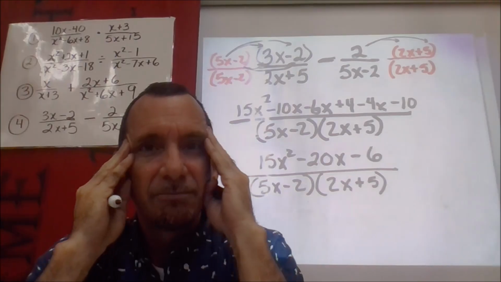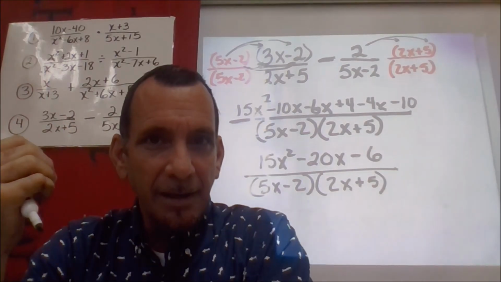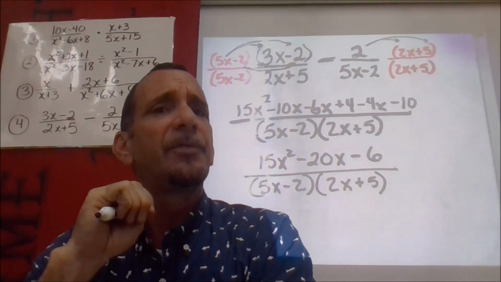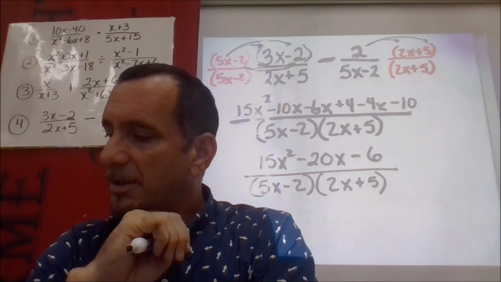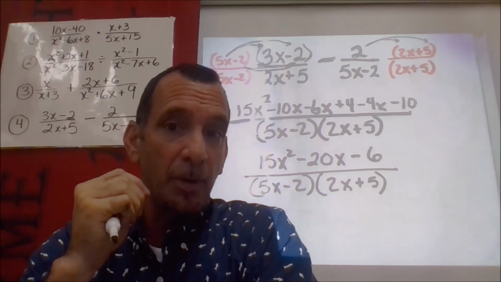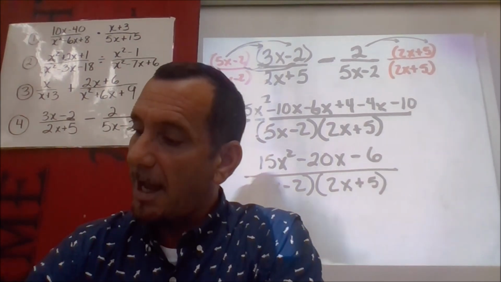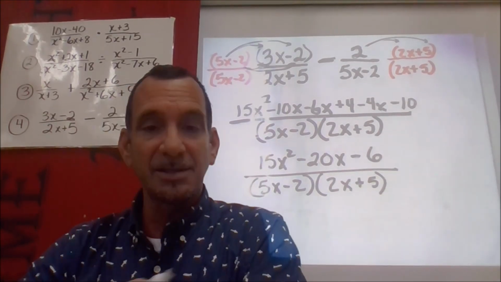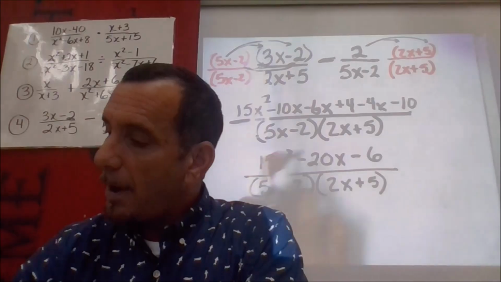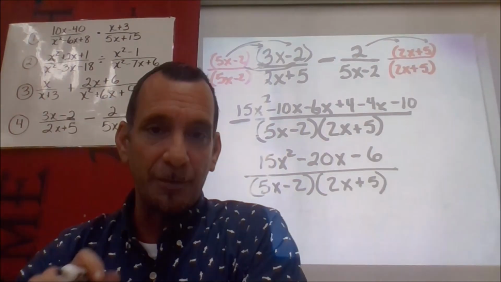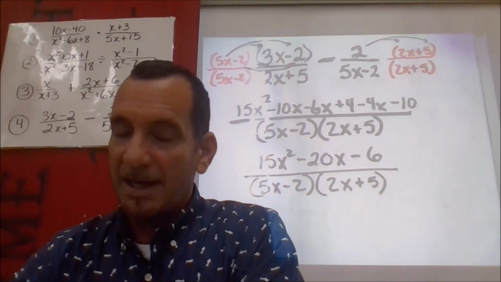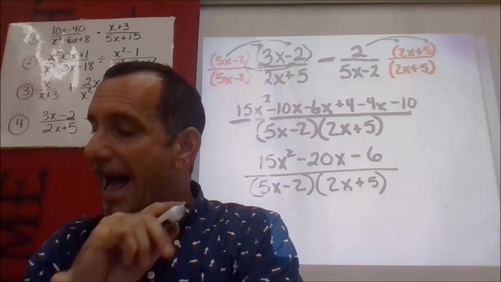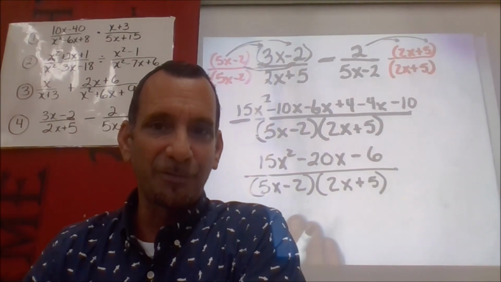I'm going to say, is there a possible way to factor this problem? If I can't find it fairly quickly, I'm just going to say, well, at this point, I can't factor it, so I cannot cancel. So I'm going to leave the answer just like this. There's no way that I'm going to try to factor that right now or try to cancel it with any of those factors. Now, in fact, this is an acceptable answer for us.